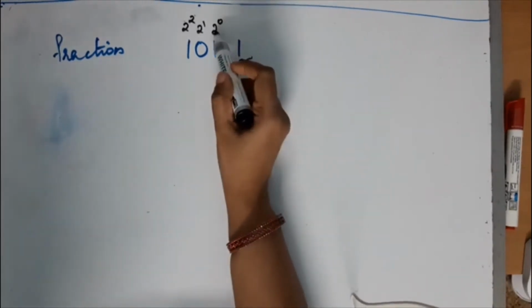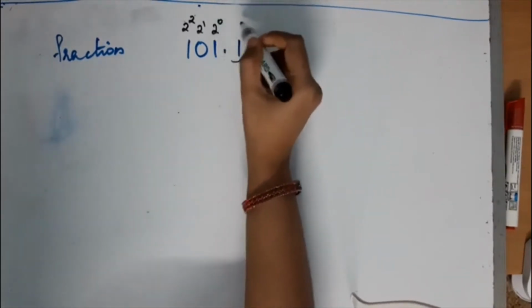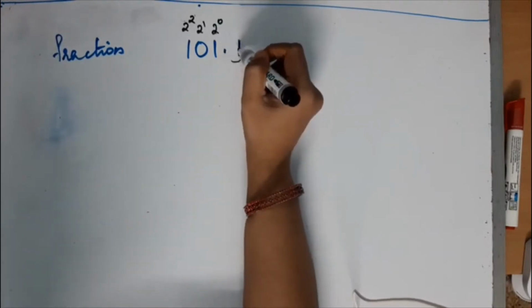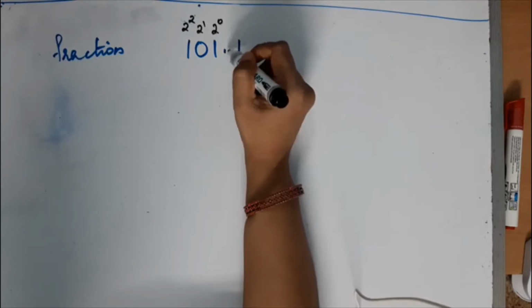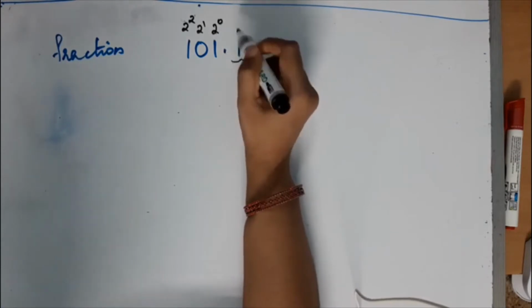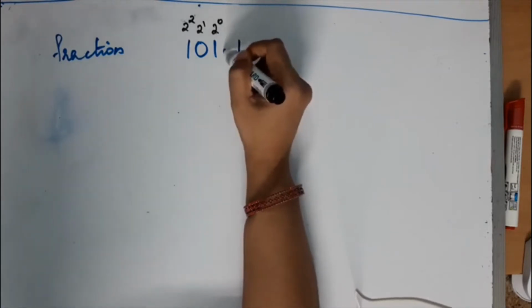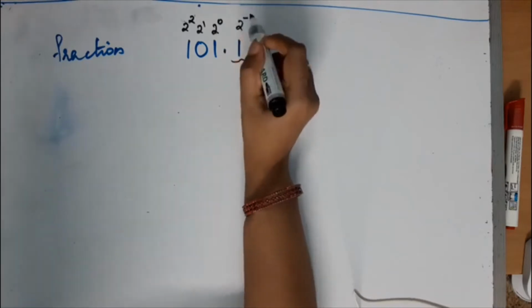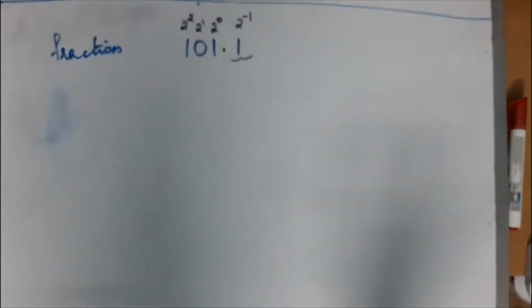So if this is 2 raised to 0, then the weight of the number just to the right of the point will be 2 raised to minus 1. So don't get this wrong.